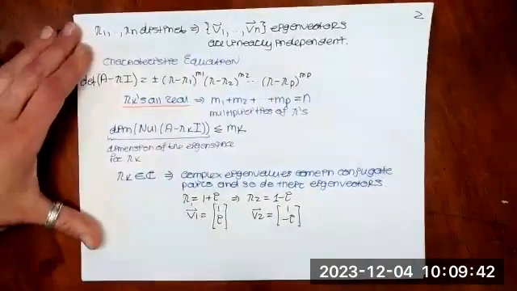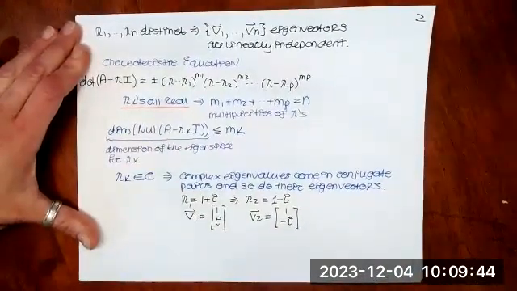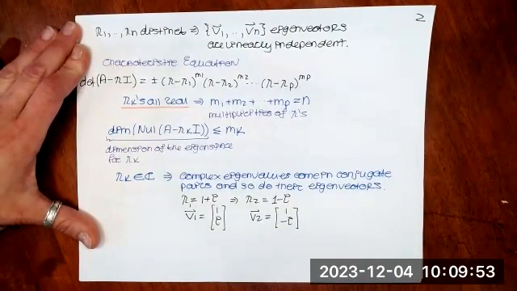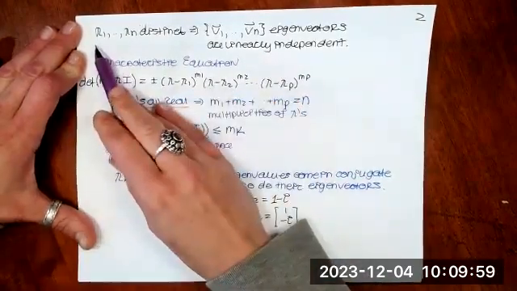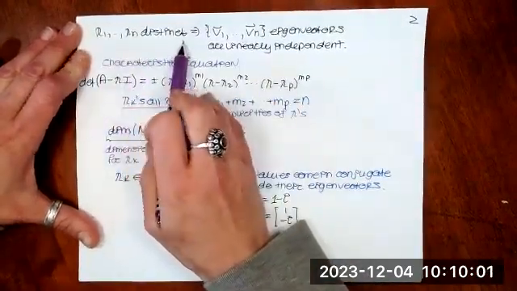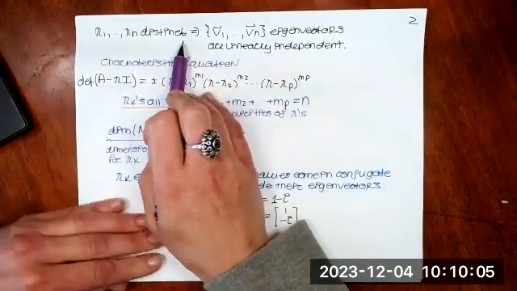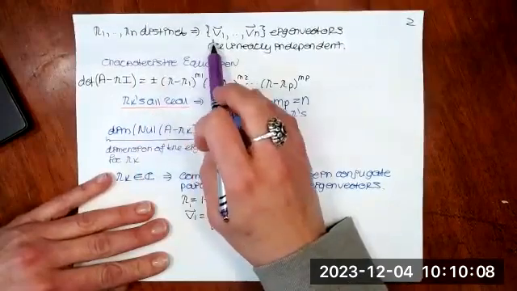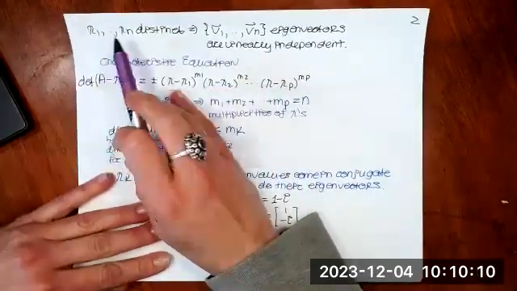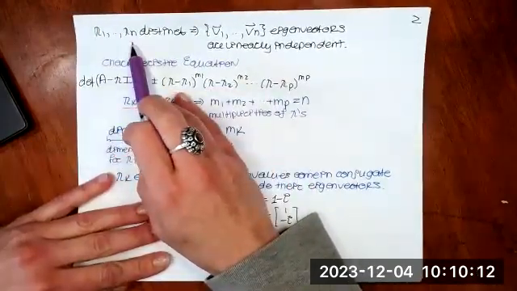And then there were a few theorems that give us some shortcuts, right? Because ultimately we'll be looking for bases, eigenvector bases for subspaces and things like that. I started by noting that if I have distinct eigenvalues, so if I find eigenvalues for my matrix and they're all different numbers, none of them repeated, then each one of those eigenvalues will have at least one eigenvector, right?